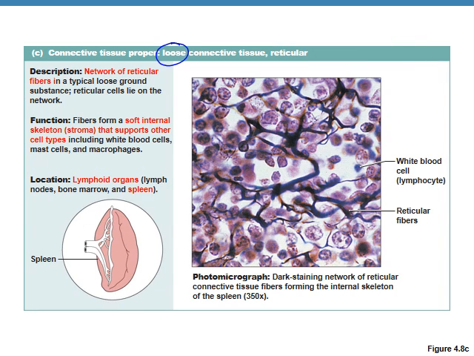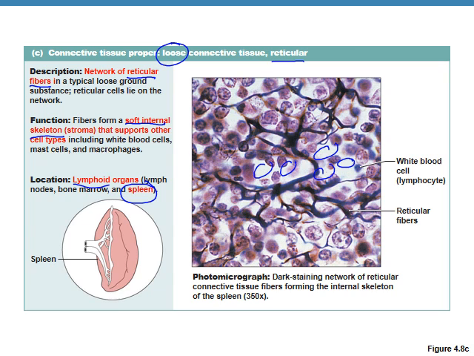The next type of loose connective tissue is reticular. Reticular we really see in the spleen, and reticular has lots of reticular fibers, so that should make sense as why it's called reticular. And again, we have lots of spaces, so we're going to have blood vessels. It's going to provide an internal skeleton for certain cell types.